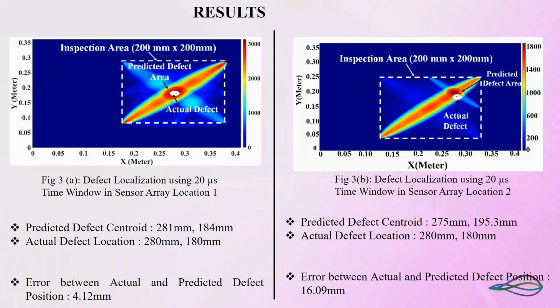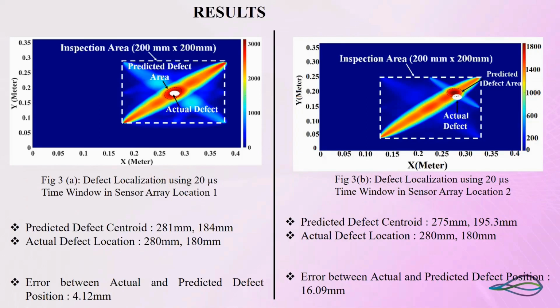The red region indicates the predicted damage area with high probability values, and this is also shown using the color map plot. We found that the actual defect location is at 280 mm and 180 mm, where the predicted defect centroid is around 281 mm and 184 mm. So the error between the actual and predicted one is around 4.12 millimeters.